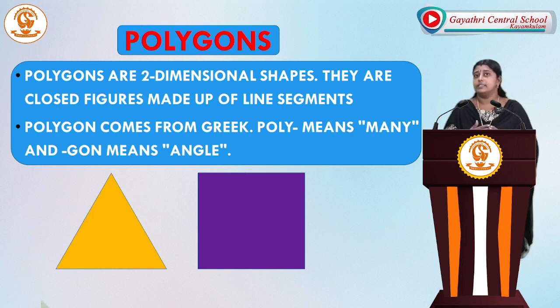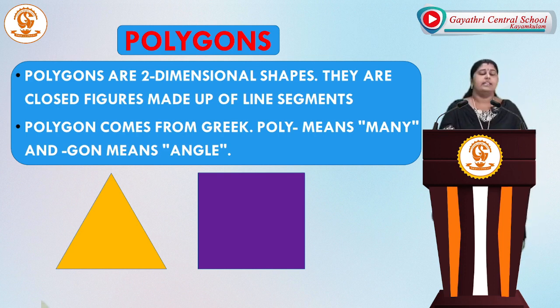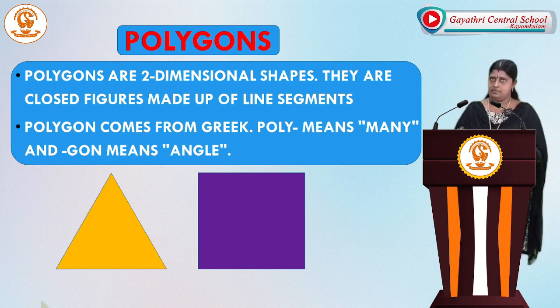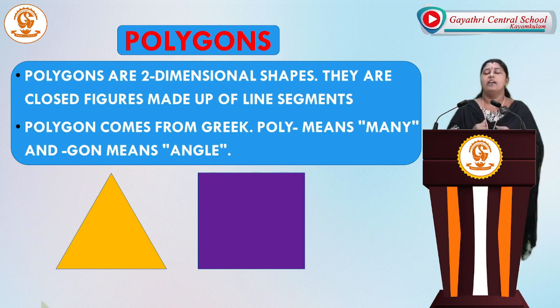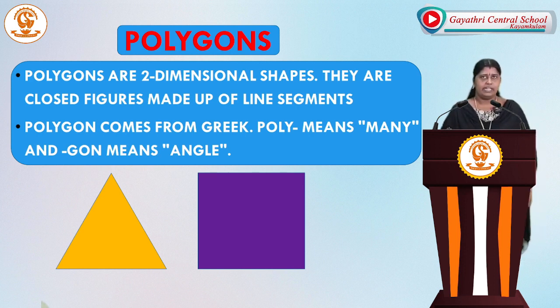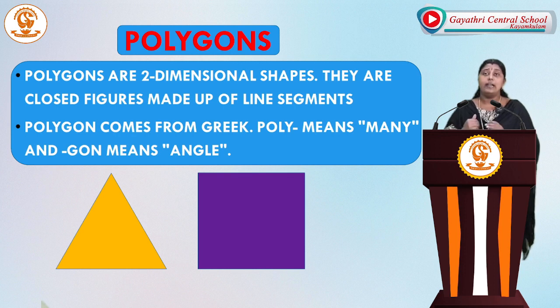So polygon means many-angled shapes. Okay, Jeevan, tell me. Polygons are two-dimensional shapes. They are closed figures made up of line segments. Very good. Polygons are closed figures made up of only line segments.